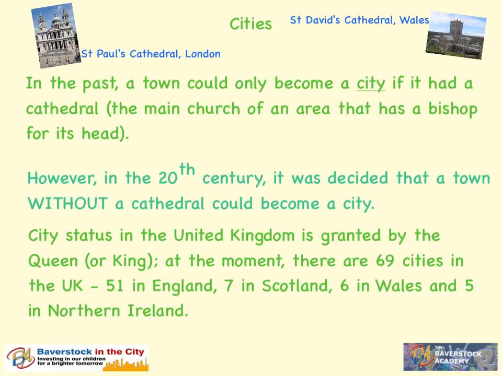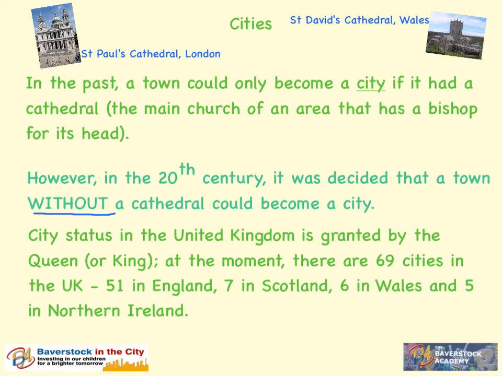We will have a look now at what we mean by the term cities. In the past, a town could only become a city if it had a cathedral, and a cathedral is the main church of an area that has a bishop for its head. However, in the 20th century, which was last century, in the 1900s, it was decided that a town without a cathedral could become a city.